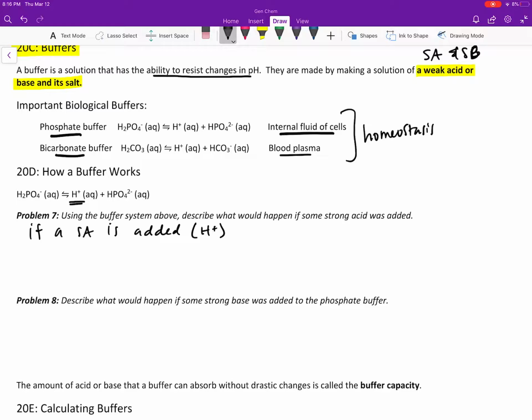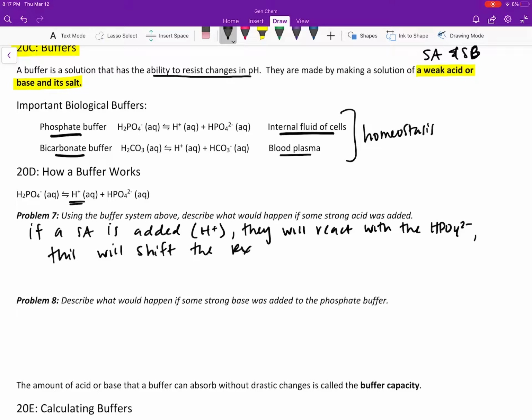So if I add H plus ions, it is going to react with the other product, the HPO4 2-. This will shift the reaction to the left. Therefore, all of the acid is consumed. Okay?